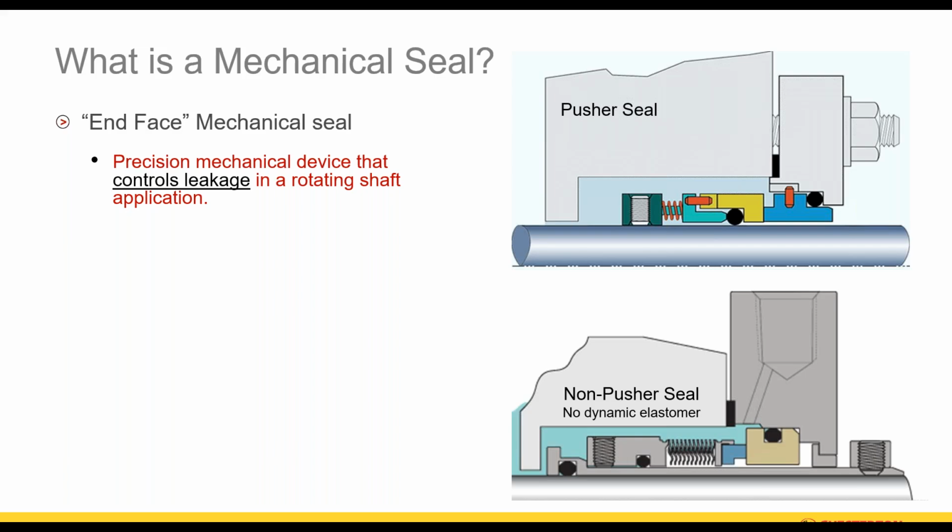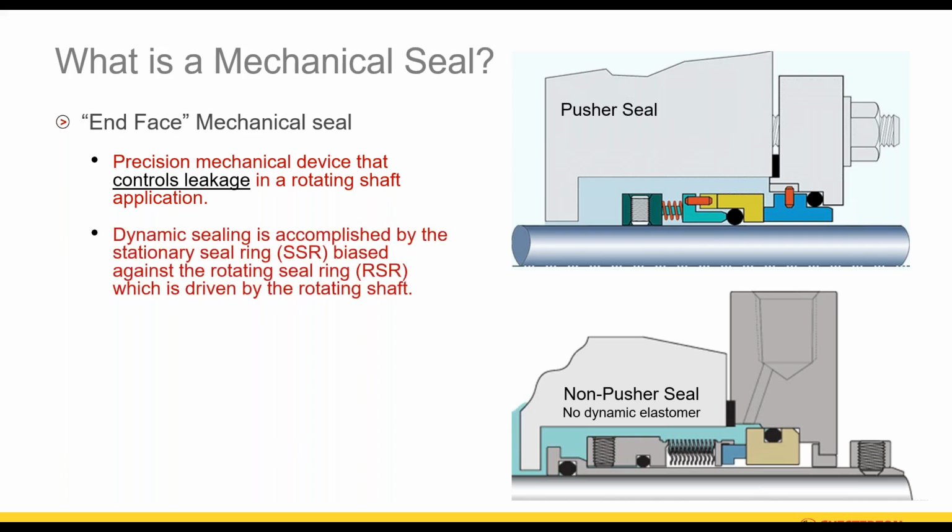First, realize that these are precision mechanical devices that control leakage on a rotating shaft. And the dynamic sealing is accomplished by the stationary seal ring, which is the blue face in the upper right graphic, being biased against the rotating seal face, which is the golden face.